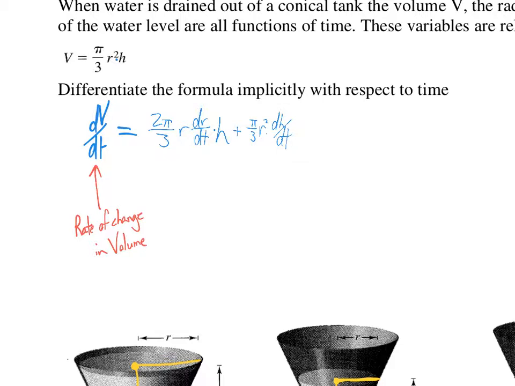What about these others? What's dr dt? It's the rate of change of the radius. We could say it's how fast the radius is changing.